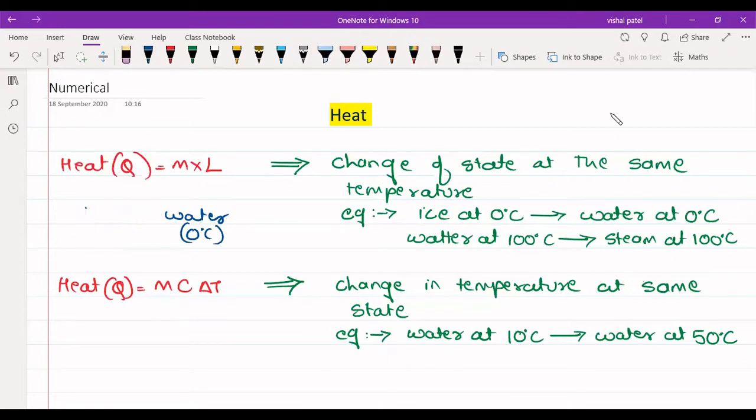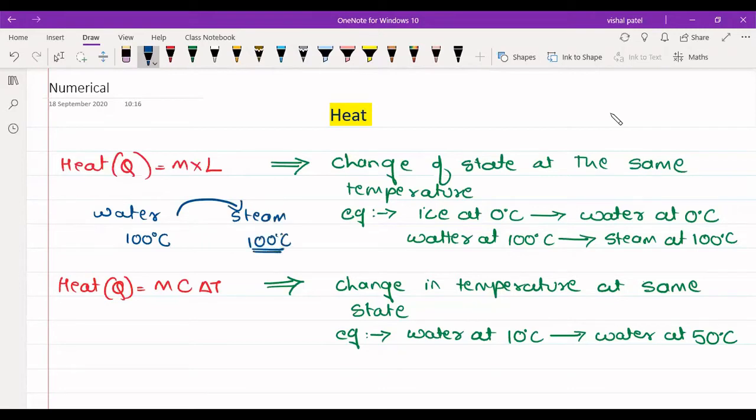Now, when you start heating water at 100 degrees Celsius, it will convert to steam again at the same temperature. So whenever there is a change of state, just keep this in mind: you have to use Q equal to M into L.